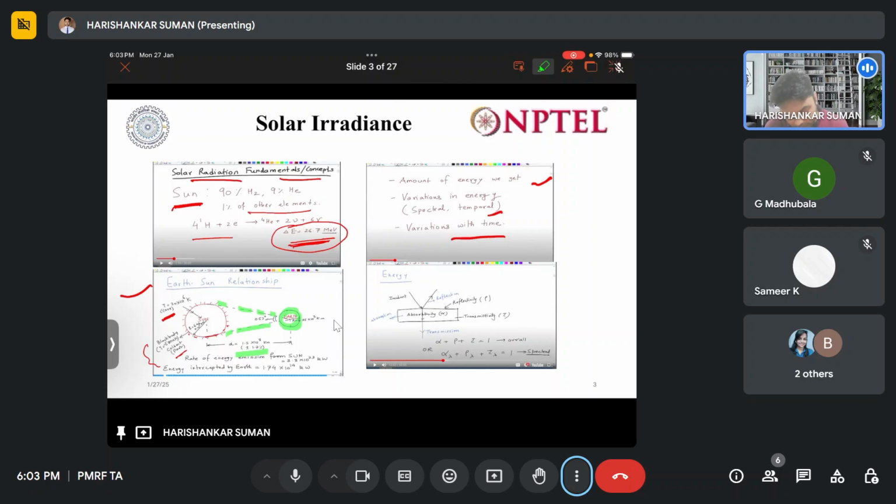So that much is the rate of energy emission from the sun, 3.8, and that much is intercepted by the earth. If energy is incident on an object, this is the concept: incident energy is reflected, transmitted, and absorbed by any material. So the sum of these should be 1.